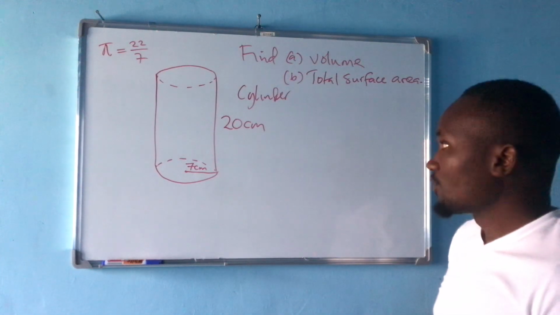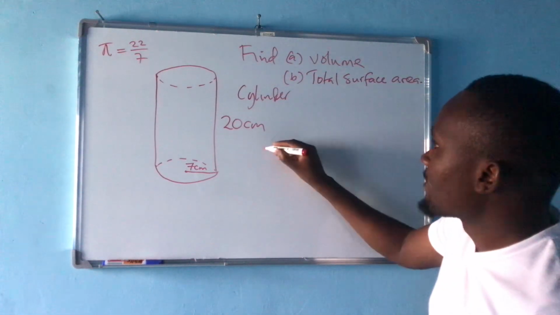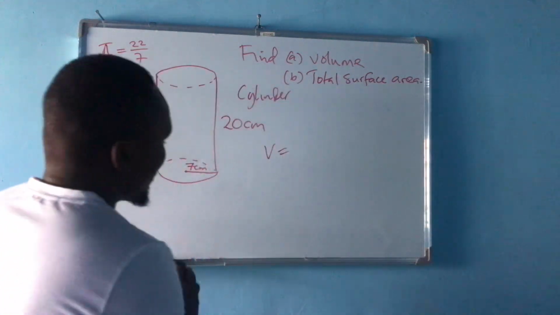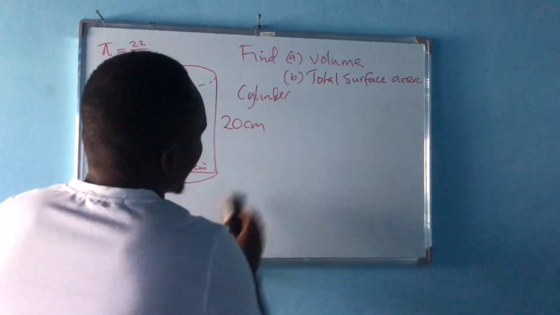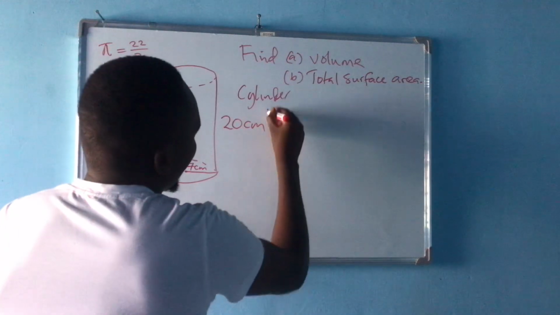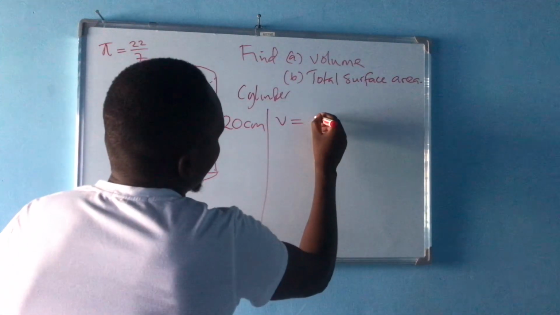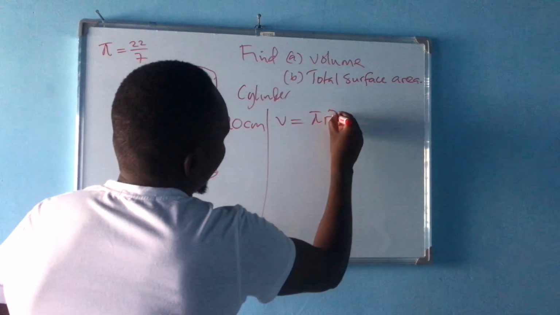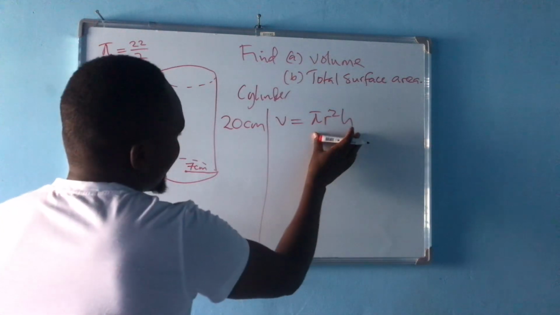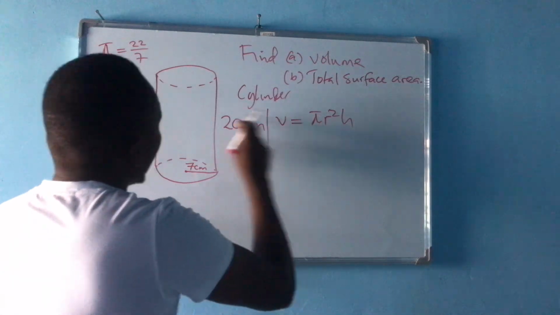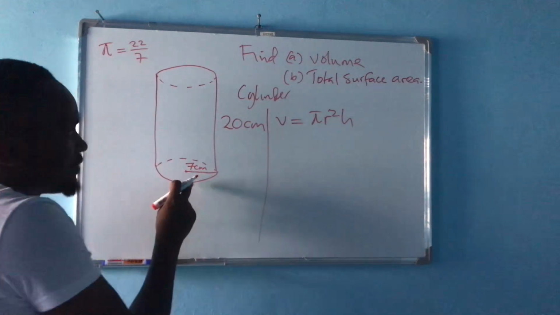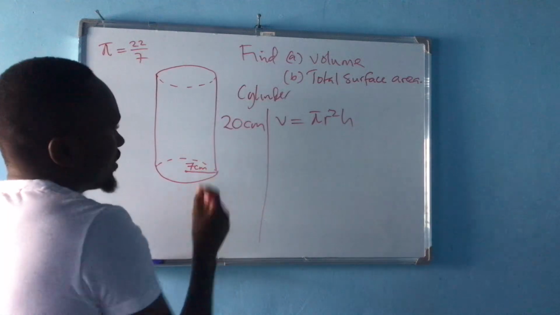So we'll say V equals pi r squared h. The pi we are going to use is 22/7, the radius we have is 7, and the height we have is 20.